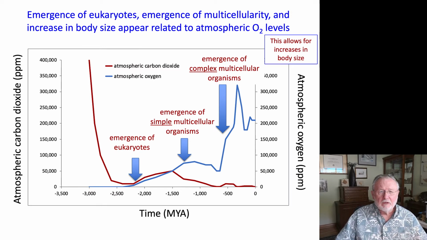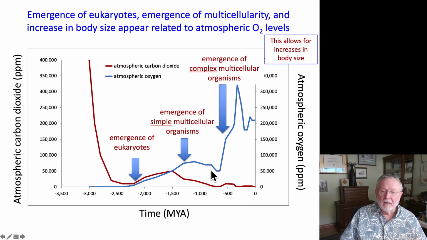So going back to our old friend, the graph, we have the decrease in CO2 concentrations associated with cyanobacteria and the great oxidation event, snowball Earth. We come out of snowball Earth and we find the emergence of eukaryotes. And over time, as oxygen levels increase, we find the emergence of simple multicellular organisms.